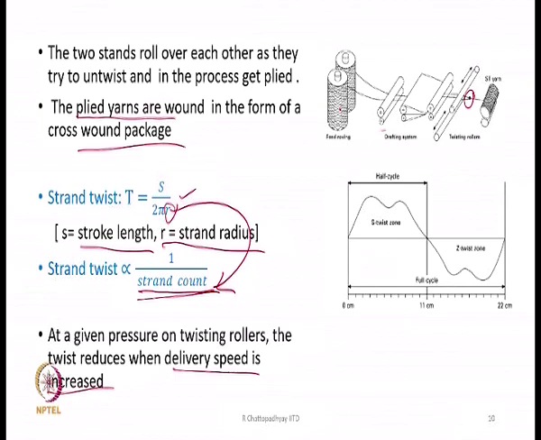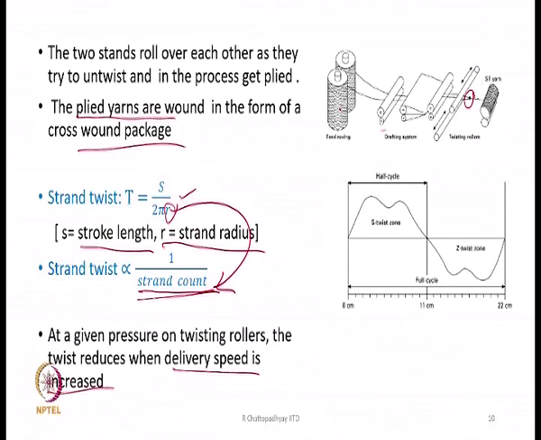This ratio is basically the twist per unit length. So, how many times the roving is going to rotate on its own axis in one full stroke. If it rotates by n, and in that time how much I deliver, if that is x, then n by x is going to be the twist in the final strand.